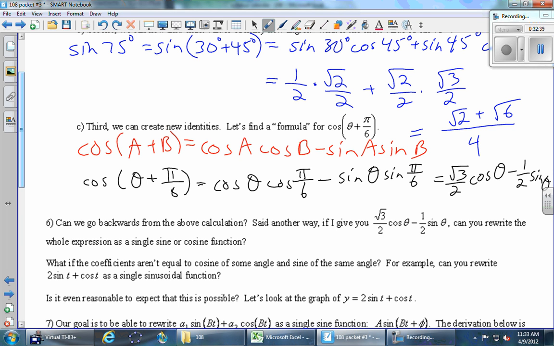Okay, does everybody understand the goal here? You're not going to have gone through this whole work. I'm just going to give you this thing here and ask you if you can bring it back. Was it really cosine of theta plus something? And in this case, maybe we get lucky and we recognize, oh, it's just pi over 6s that were in there somewhere. Let's go to Todd.